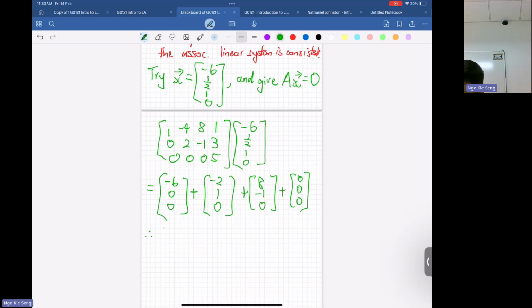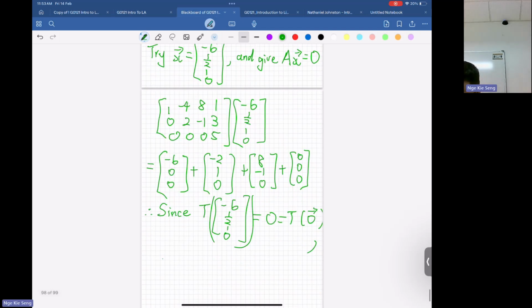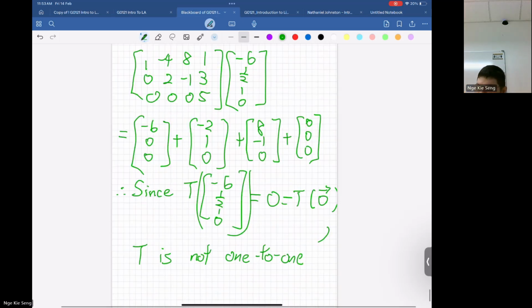So the conclusion is, since T of minus 6, half, 1, 0 equals T of the 0 vector, both of them get sent to the same place. Different things get sent to the same place, so T is not one-to-one. Showing not one-to-one is easy, but showing one-to-one is a bit tricky.